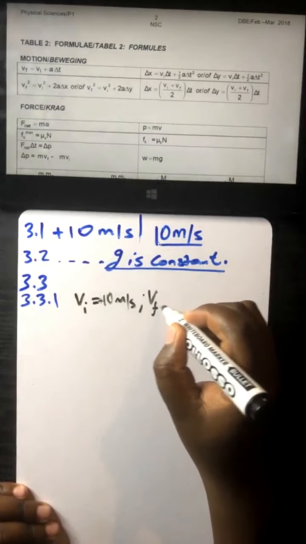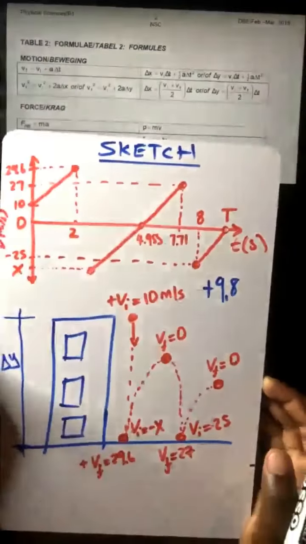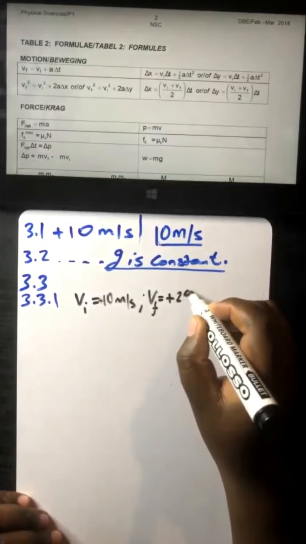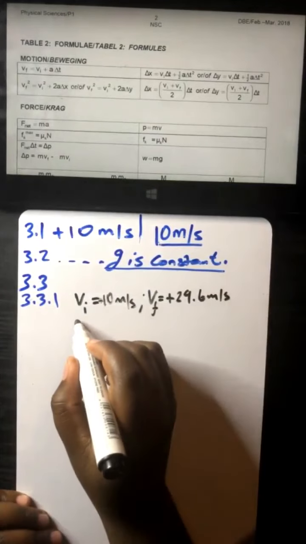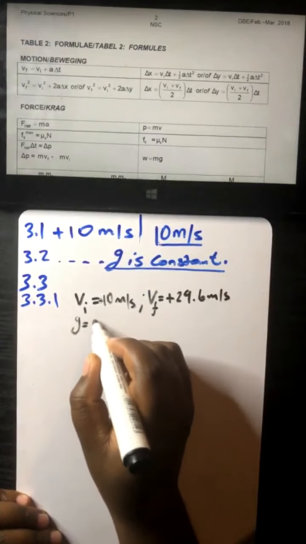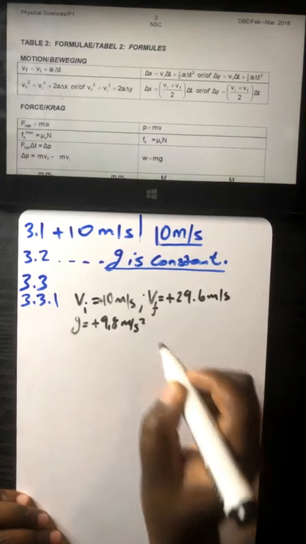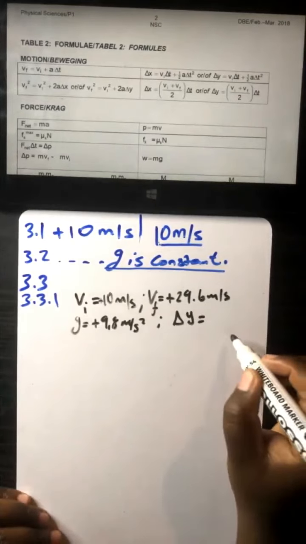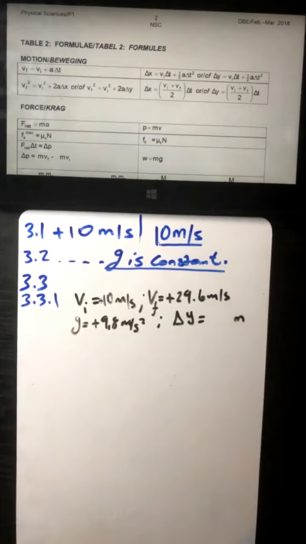We've got V final, which from our sketch is positive 29.6 meters per second. We know G is also positive 9.8 meters per second squared. And the question wants us to calculate the height, so your final answer should be in meters.